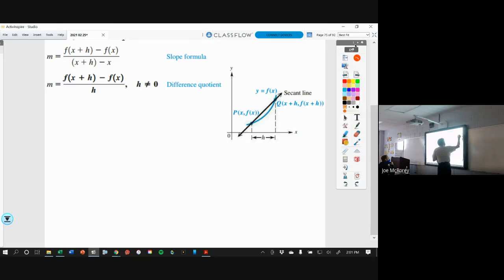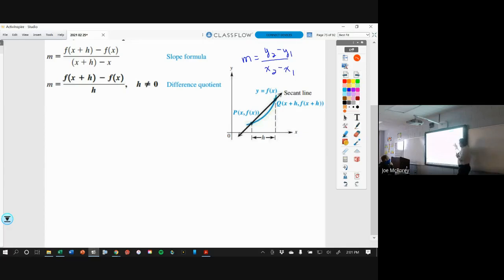Slope can be found by using the formula y2 minus y1 over x2 minus x1. Is that new to you? Not at all.